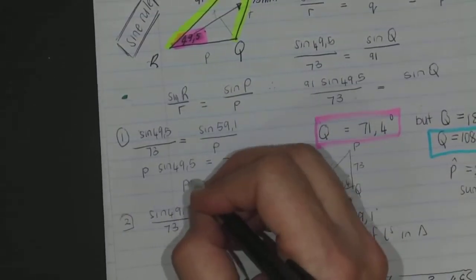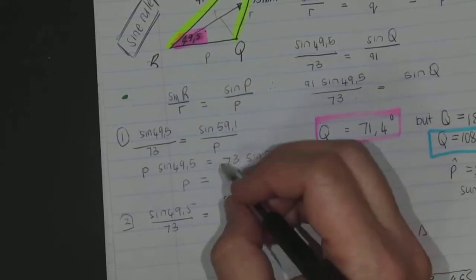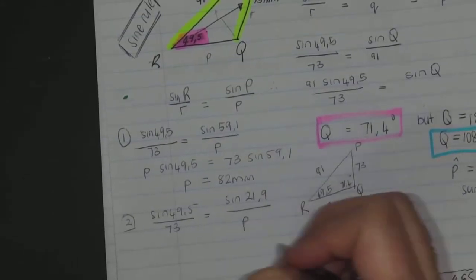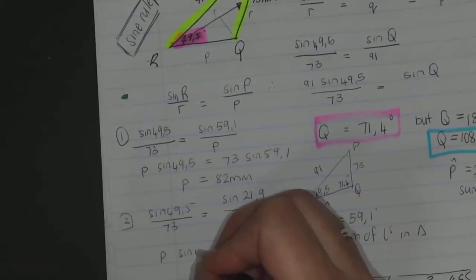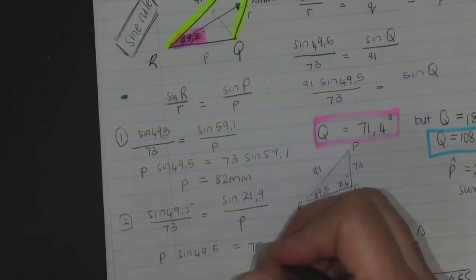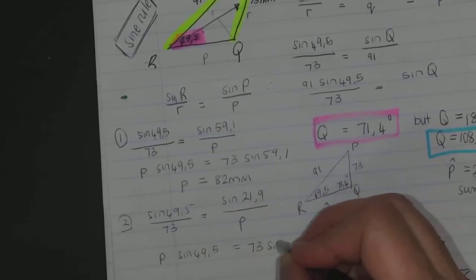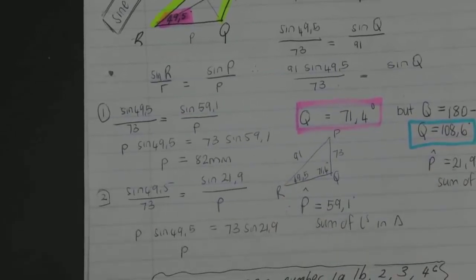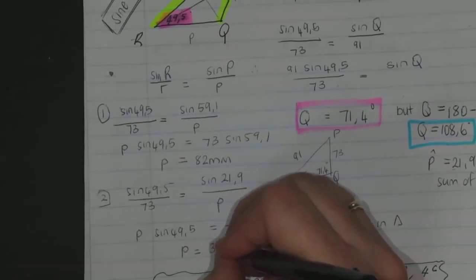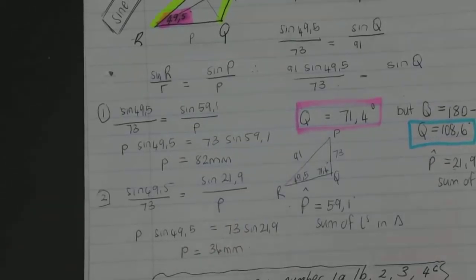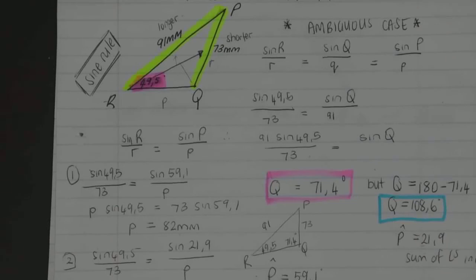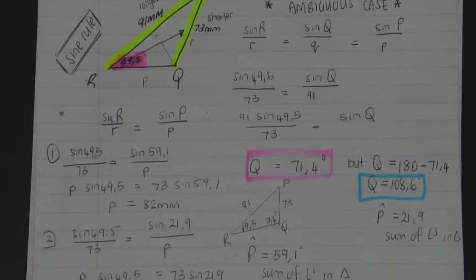Divide both sides by sine 49,5, and P works out to be 82 millimeters, or P sine 49,5 is equal to 73 sine 21,9. Divide by sine 49,5, P can also be 36. So that is what the ambiguous case means, that it can be acute or it can be obtuse.